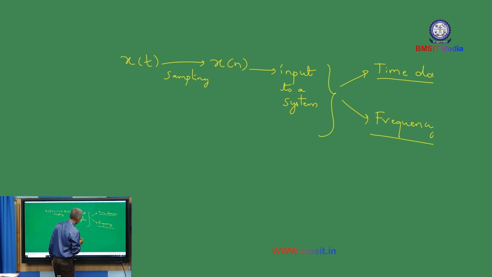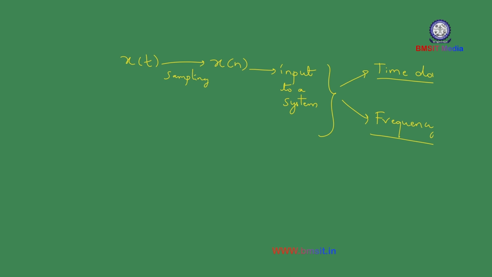But some of these operations can be just the addition of signals, subtraction of signals, and so on, and it can be other operations which are either performed on the independent variable or performed on the dependent variable.